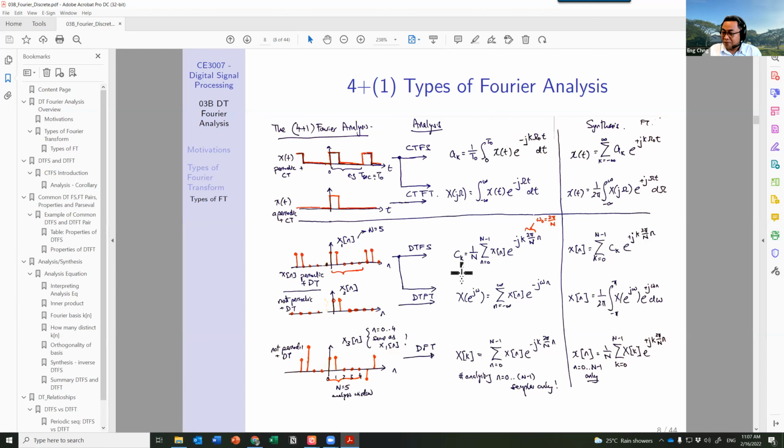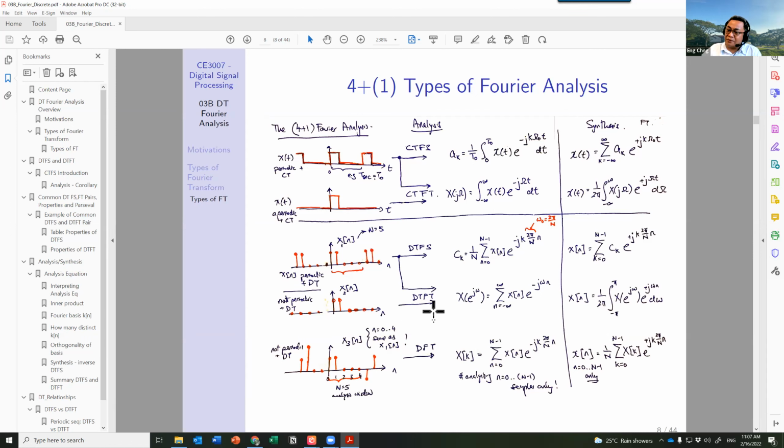Okay, so that's a hint for you. All right, so this analysis breaks the original signal. How do I know? You see, the input to your analysis is x[n]. Therefore, whatever comes out is the frequency representation. I send in the x[n], out comes the representation in omega. So these two are the analysis equations.